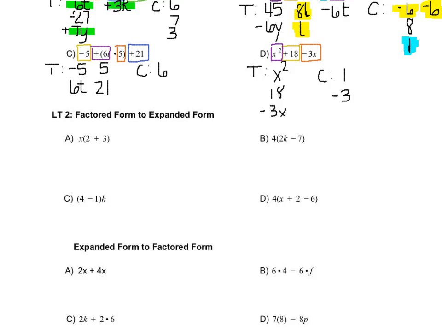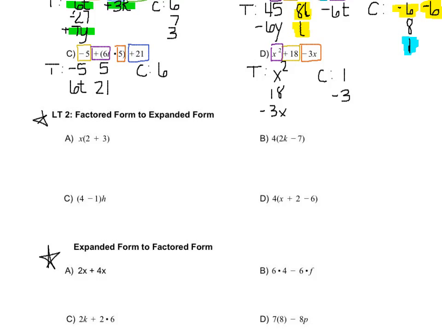All right, so Learning Target 2, we are working with distributive property. And the first part of that, so it's really Learning Target 2A, right here, and then we'd have Learning Target 2B. So Learning Target 2A is we're going from factored to expanded. That means in factored form, it is the shortest way to write it.